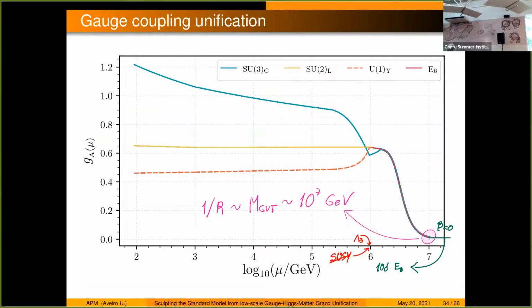So the three almost unify, but then the KK modes contribute, and in fact they unify just before this scale, and they run together. Here they run together, but not zero. Zero is here, after you go to this 10D or N=4 SUSY. Yes, here the beta function is zero.